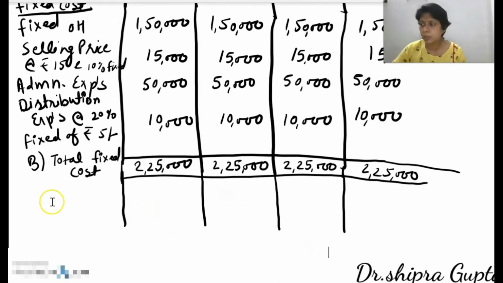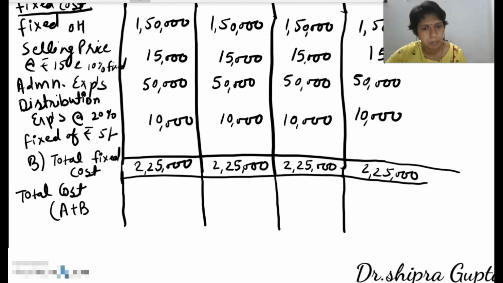Total variable cost and total fixed cost, the combination of both items, is known as total cost. It means A plus B, the total of both. So we will total both columns.